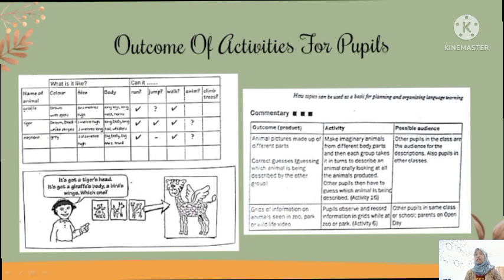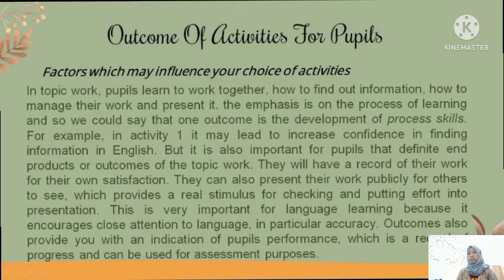Instead of all the pupils producing the same outcome, such as one graph, each group could produce their own, which would give you several different wall charts, or each group could produce a different type of outcome depending on their choice. This gives pupils more choice and responsibility.